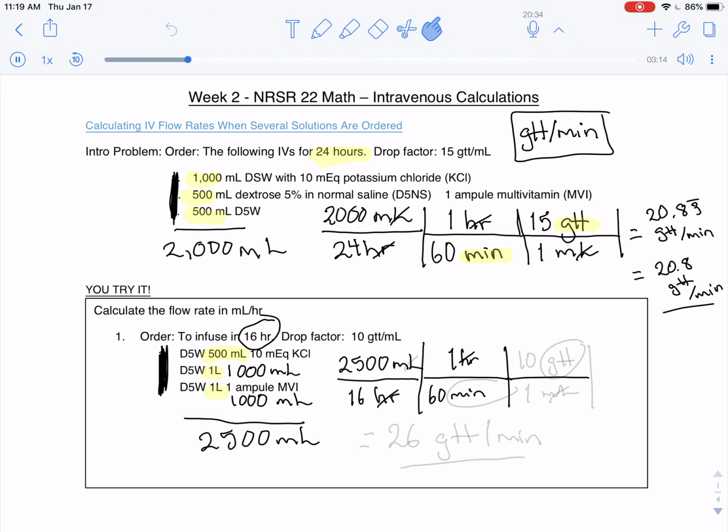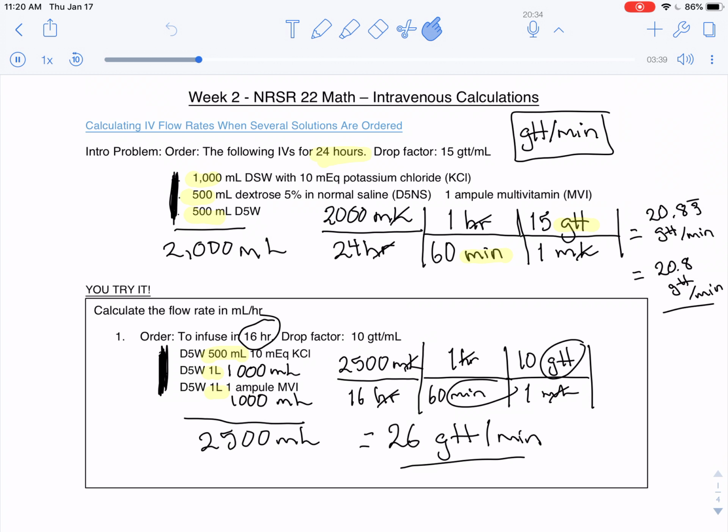And our drop factor is, in 1 milliliter, there are 10 drips. So then milliliters would cancel, and now we're left with drops per minute. And once we do our calculations, we find that we have 26 drops per minute.